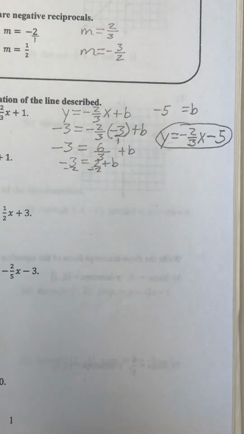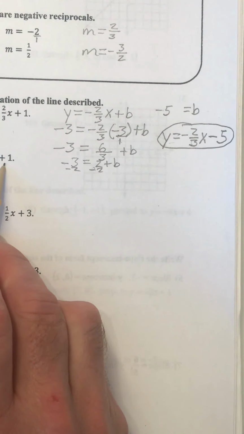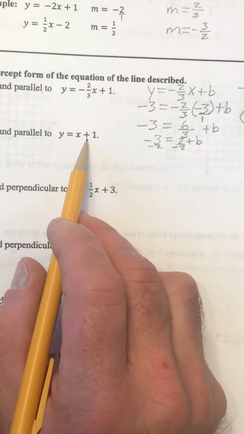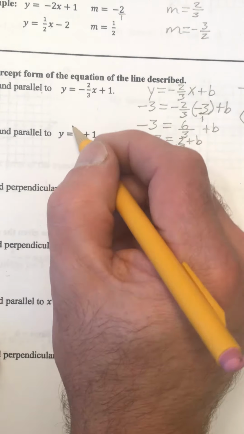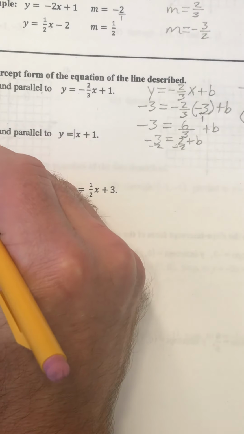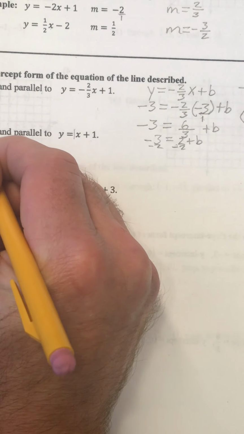Okay, example B. We want a line parallel to y equals x plus 1. What is our slope for that, Taylor? If they don't put a number in front, what is the slope? It's 1. So our new slope is going to be the same, a slope of 1, because it's parallel. So y equals 1x plus b.